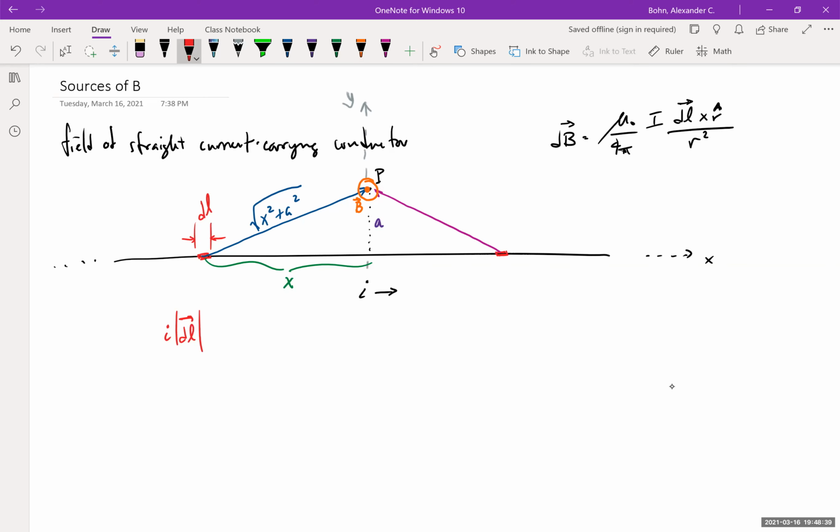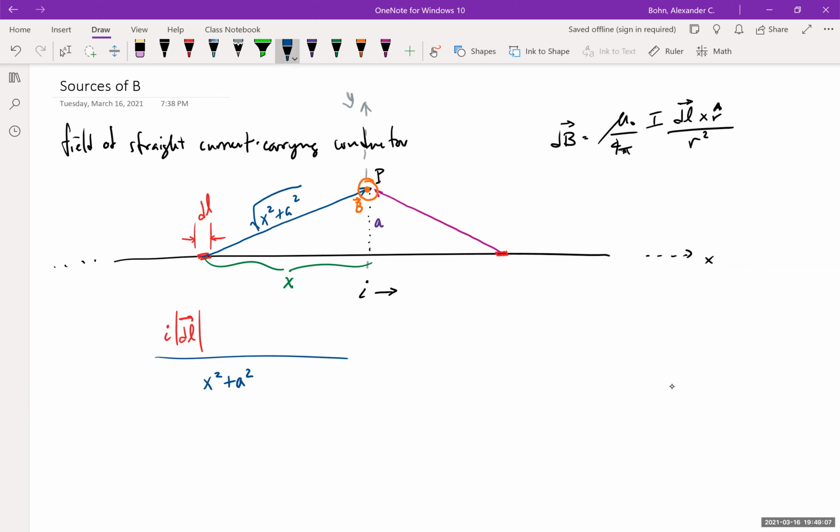We need to know r squared. The cross product of dl vector and r hat. Now, the magnitude of dl vector, I've written it already, but it's just dl. The magnitude of r hat is just 1 because it's a unit vector.